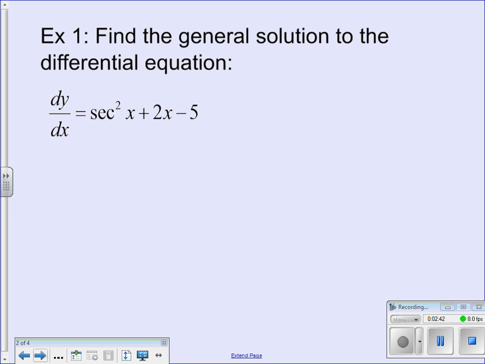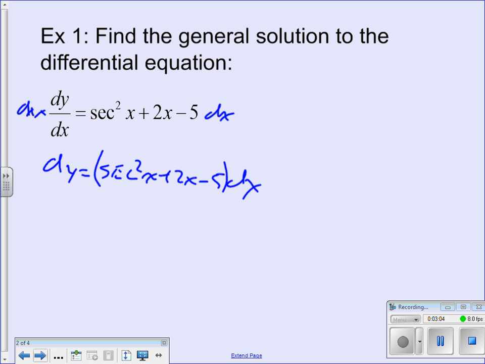First thing we'll want to do is get dy's and y's on one side, dx's on the other side. So I want to get rid of my dx. I'm going to multiply both sides by dx. So I get dy equals secant squared x plus 2x minus 5 dx.